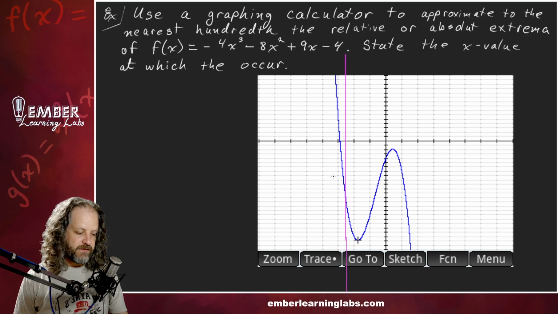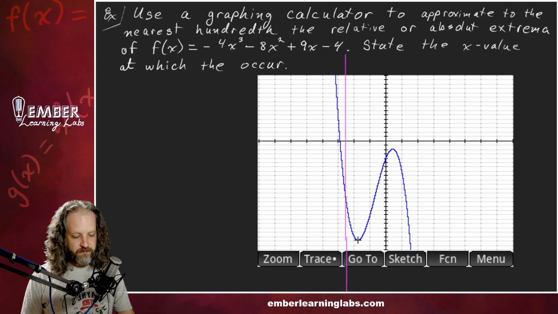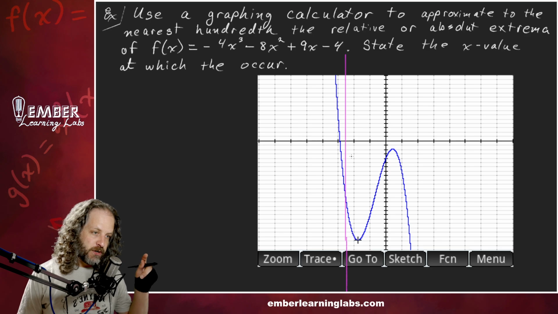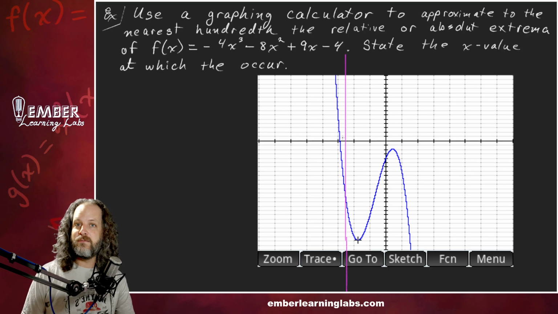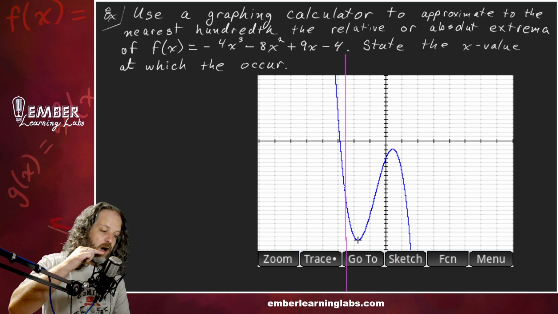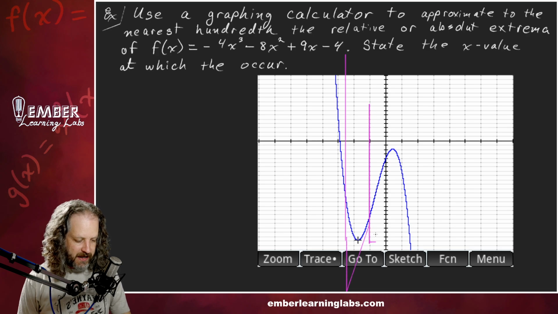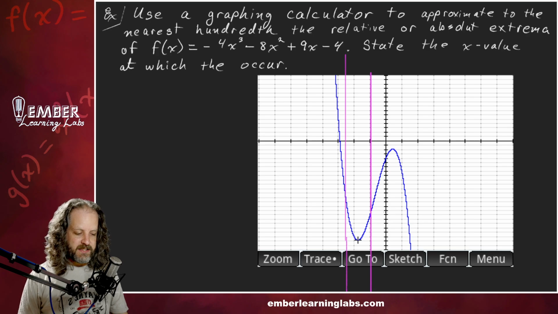Move it to the left of where you want to find, in this case, the minimum, and once you push enter or execute or whatever it is, it'll bring up another cursor, and it'll say max or upper bound or something along those lines. You move it over to the other side of where the minimum is, and then you push enter.